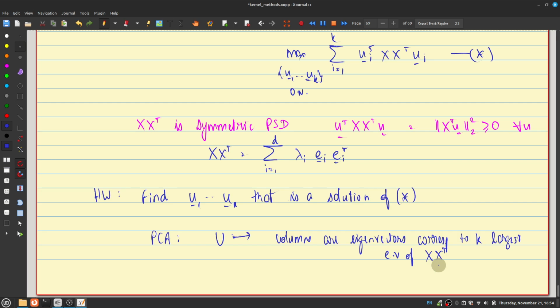So then XX transpose u i is lambda u i. Yes. And that's lambda i mod u i squared, which is anyway just summation lambda. Correct. So it's a flat sum, because you're adding the highest k lambdas. But why can you choose a u i that is not necessarily an eigenvector?